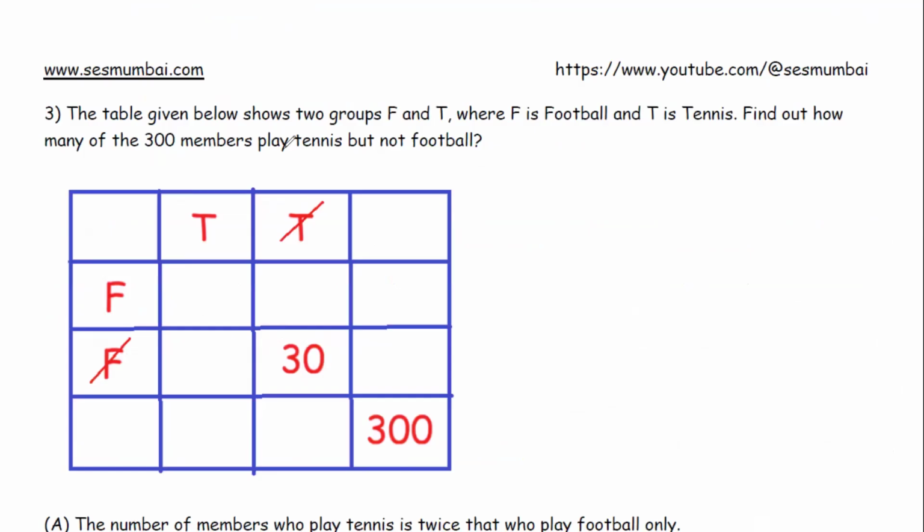The table given below shows two groups F and T, where F is football and T is tennis. Find out how many of the 300 members play tennis but not football. So this is what we need to find out, X. Yeah, first statement.